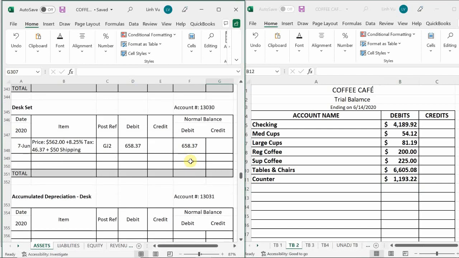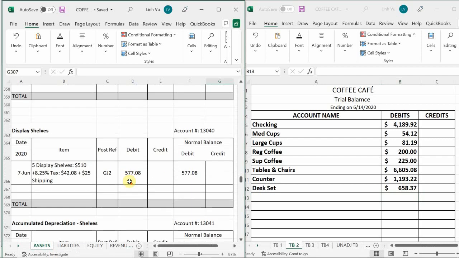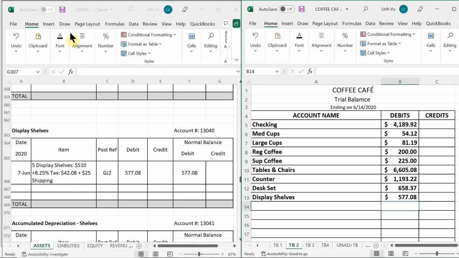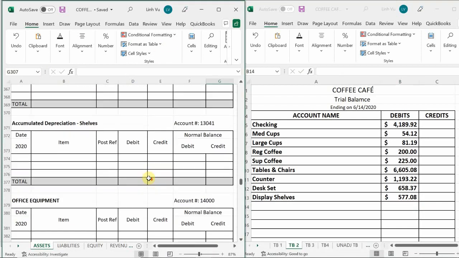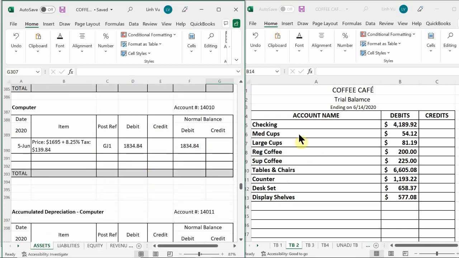Okay. Desk set, for $658.37. That's the same. We bought our display shelves, also the same at $577.08. Did we buy any office equipment? Yes, we did.